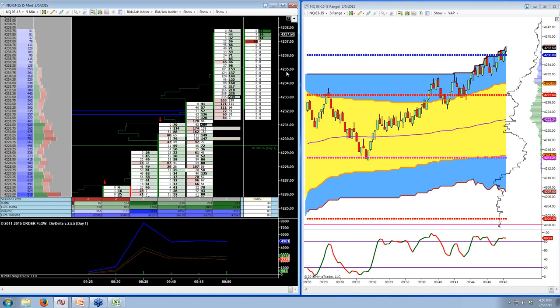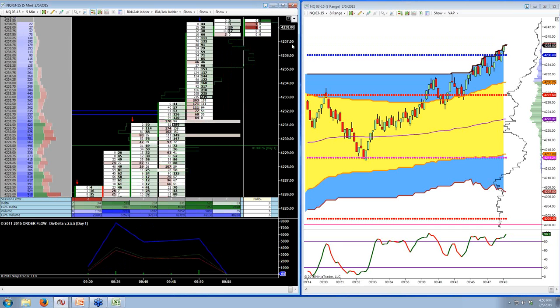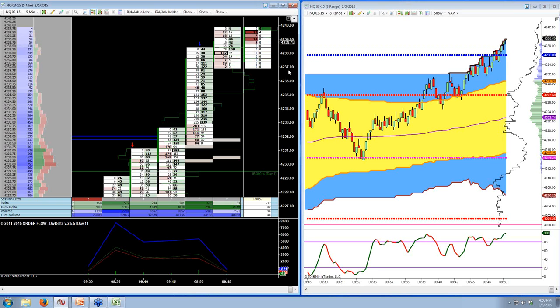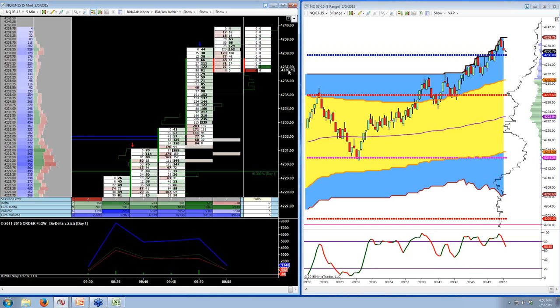So I wanted to make sure that you guys could see how the bars are forming, because when you're looking at a static chart, it's really hard to comprehend. And this is replaying 300 times faster than normal.